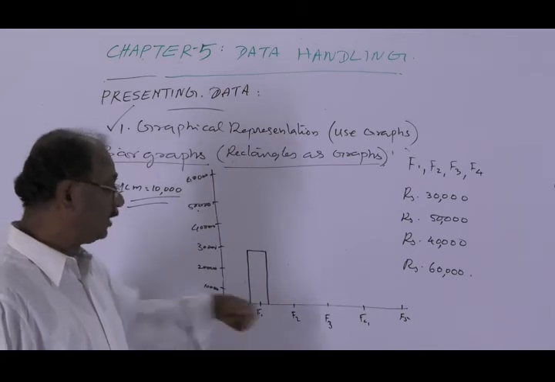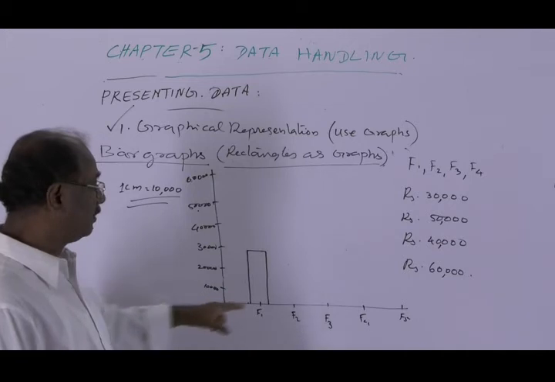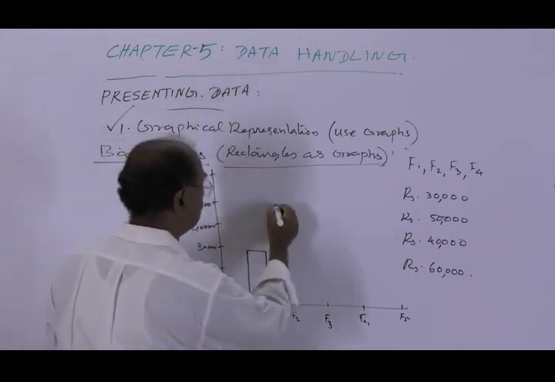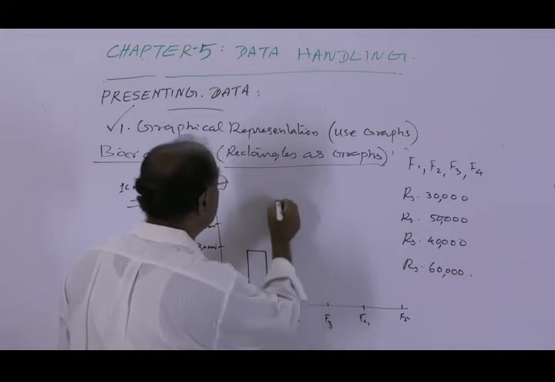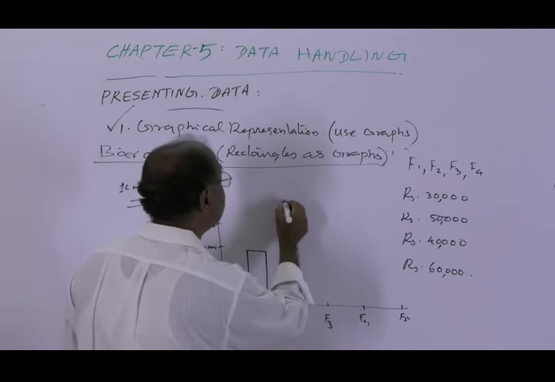Then for family 2, F2, construct a bar similarly with height 50,000, with the same width.